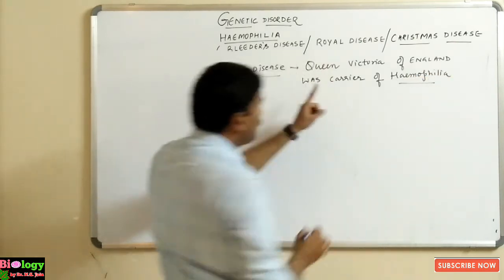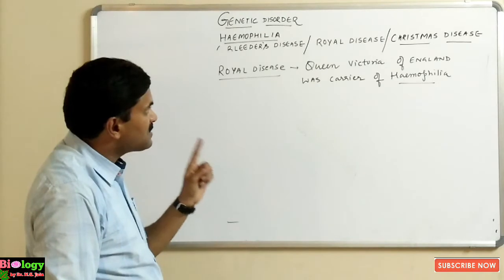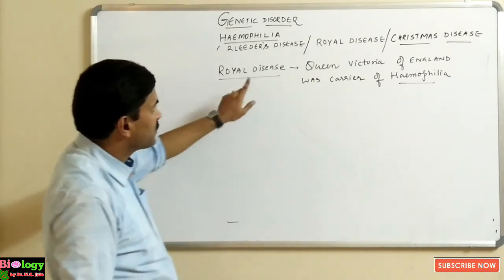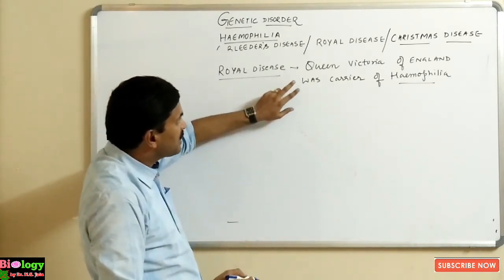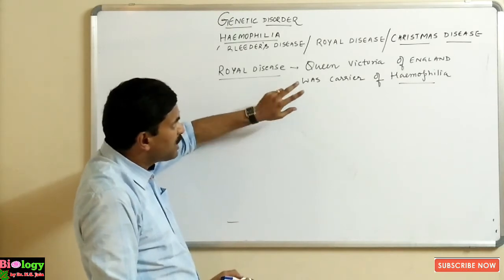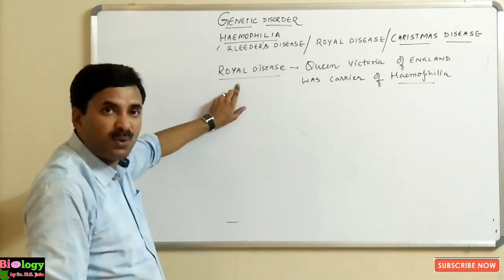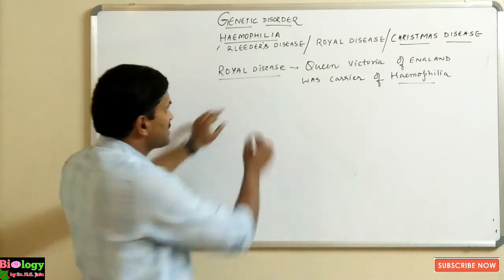Queen Victoria of England was a carrier of hemophilia. Because she belonged to a royal family, it is also called the royal disease.